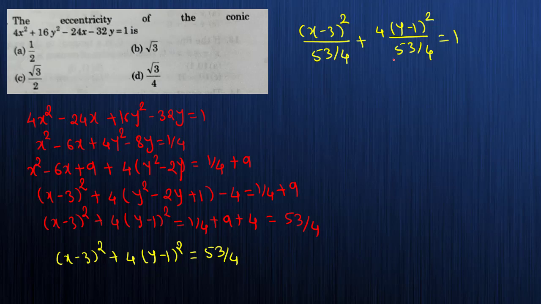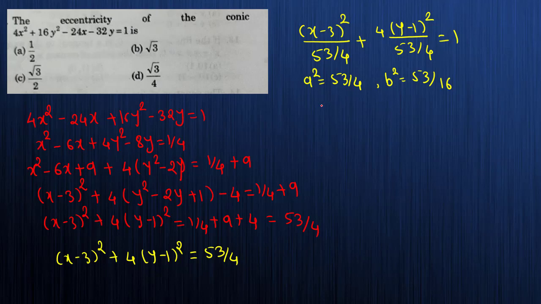So what they are asking is the eccentricity of the ellipse. If you compare this with the standard equation, what you get is a square equals 53 by 4 and b square equals what? It is 53 by 16, because the 4 and 4 multiply, so you will have 16 here.